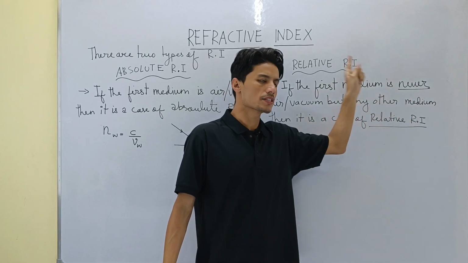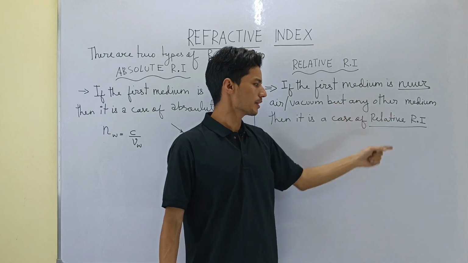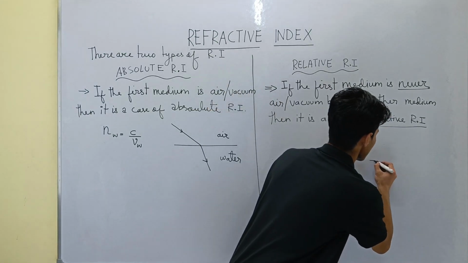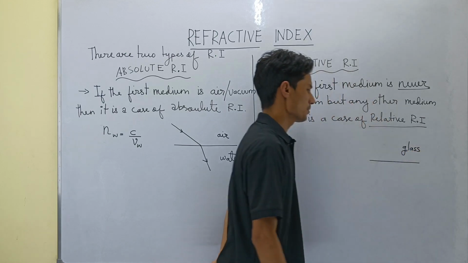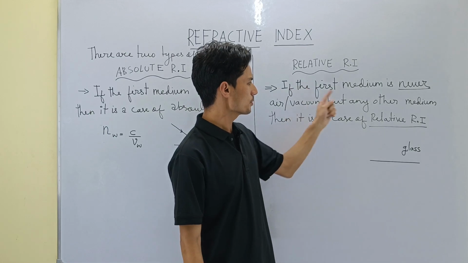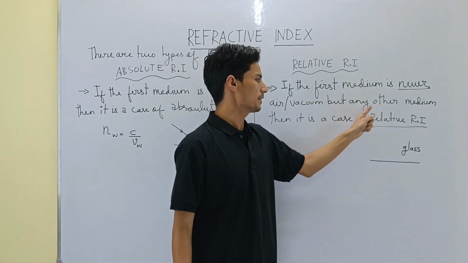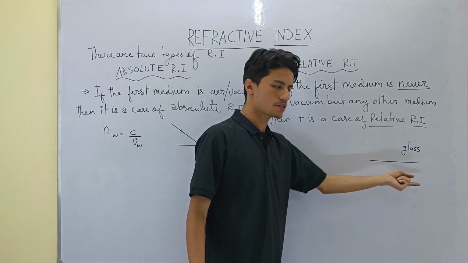The first medium can be any other medium. So the first medium can be, say, glass. If the first medium is glass, then this will be a case of relative refractive index.